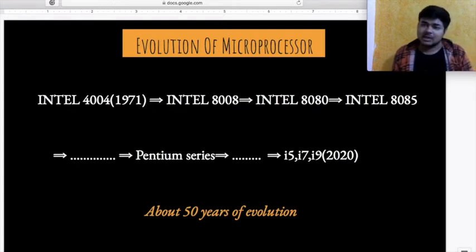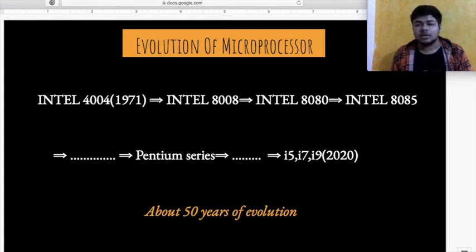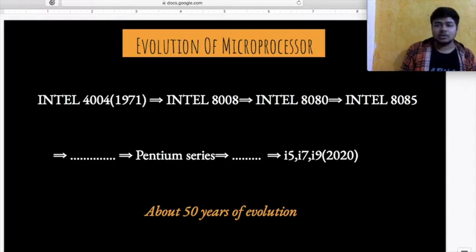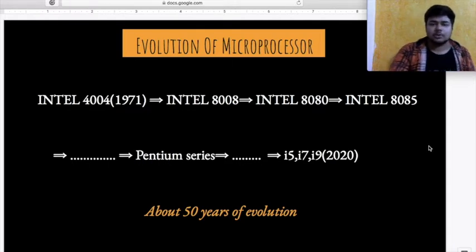It fetches the instructions written in the memory location. It decodes it, which means it sees what the meaning of this instruction is, and then it executes that instruction. This is the basic functionality common in every processor.